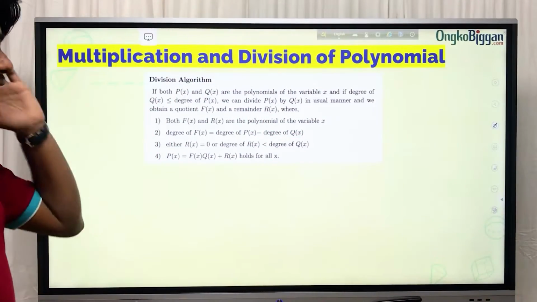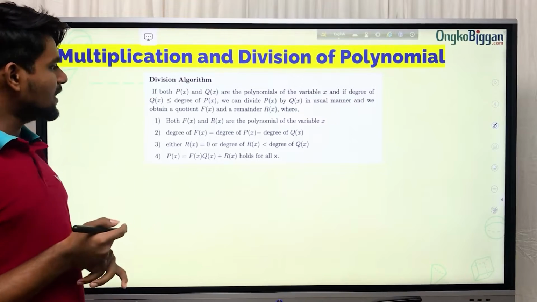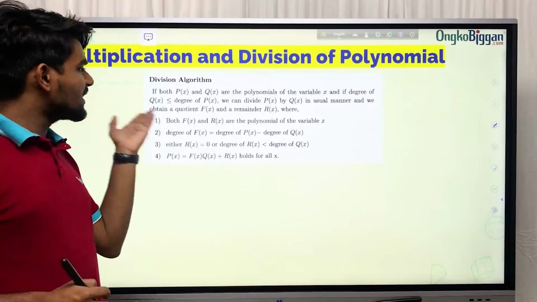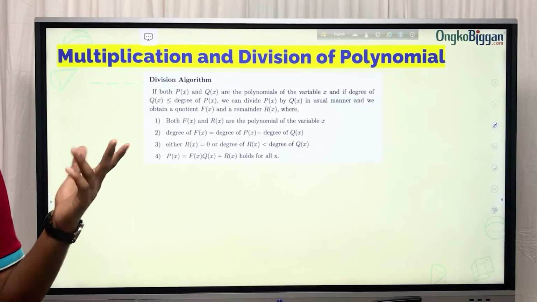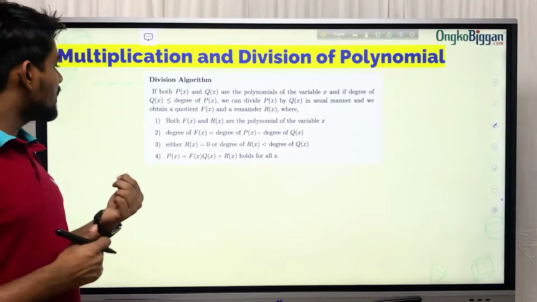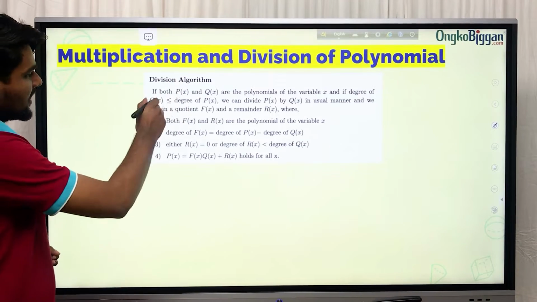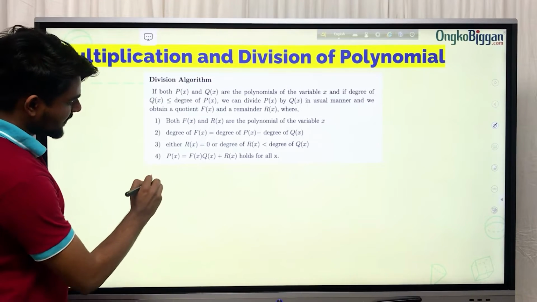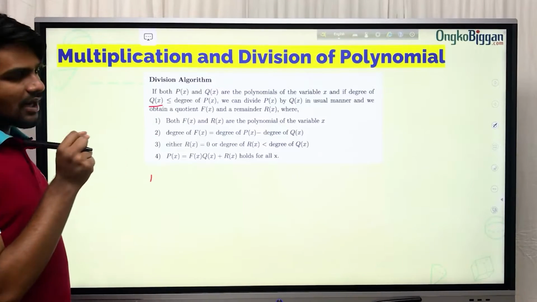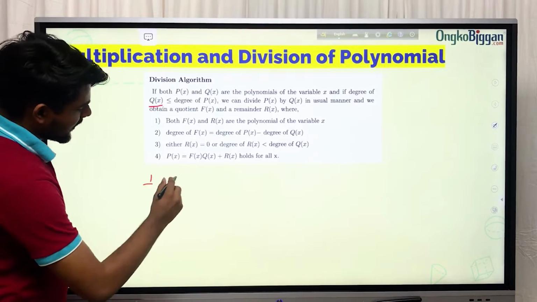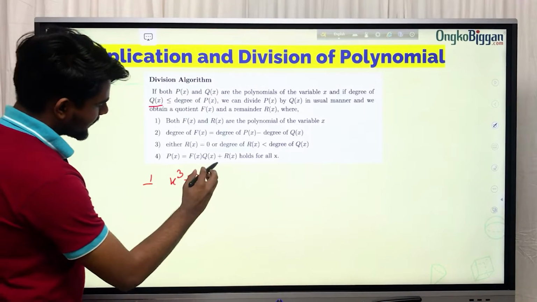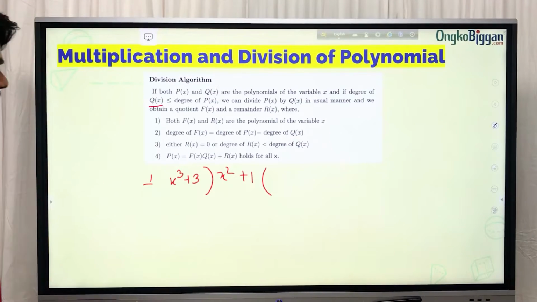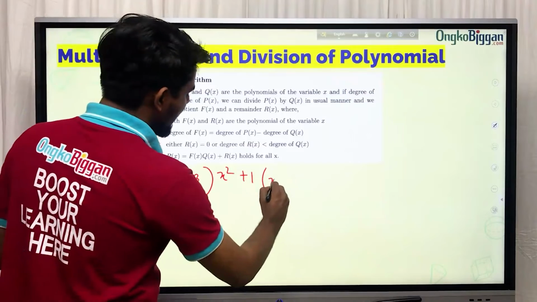So now the division algorithm. Division algorithm means the basics of division of a polynomial. If both p(x) and q(x) are polynomials of variable x, and if the degree of q(x) is smaller than the degree of p(x), because if the degree of q(x) is the larger part, say we divide x cubed plus 3 by x squared plus 1, or rather x squared plus 1 divided by x cubed plus 3, we need to multiply it by x to the power of minus 1.